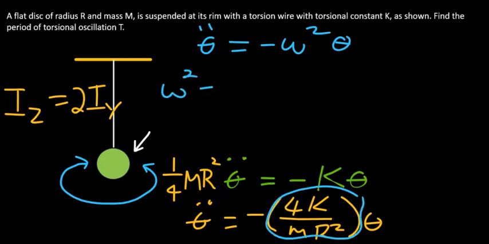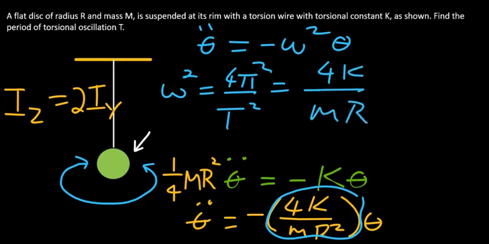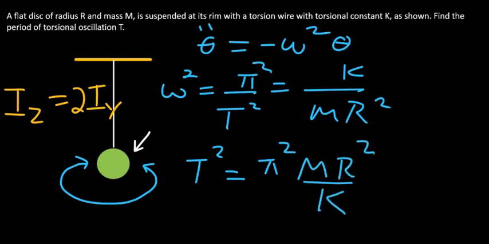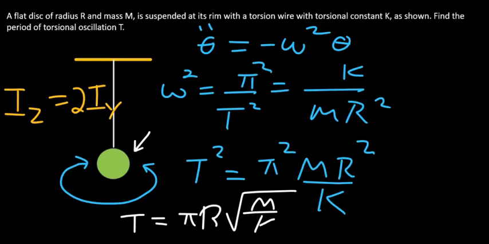So angular frequency squared, which is 4 pi squared over T squared, equals 4 times K over M R squared. So that 4 will cancel that 4. And solving for T squared, you have pi squared M R squared over K. So that means the period capital T is pi R square root M over K.